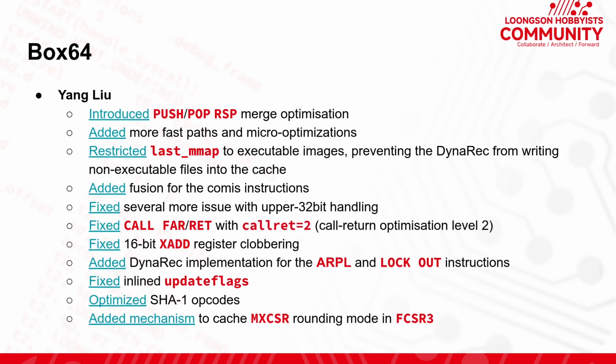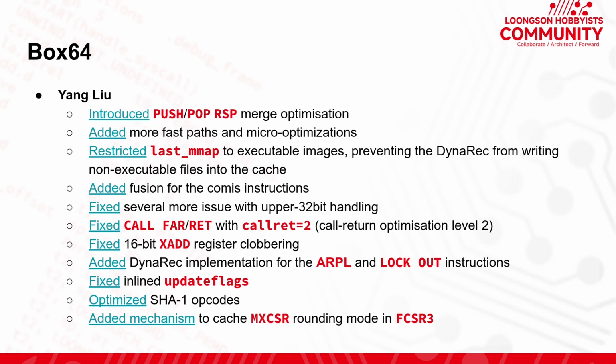Okay, Box64. So we have made some progress as usual. The first is we introduced the push pop ISP merge. In x86 assembly, it's very common to have some push and pops in a row to do the function prologue or epilogue.